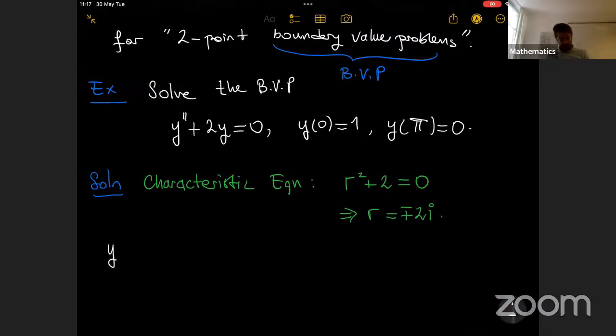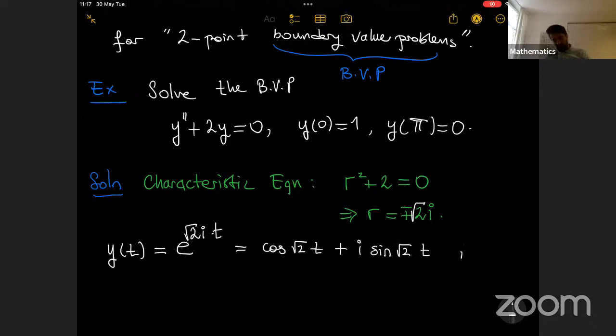Let's use root 2 i. Sorry, this is root 2, not 2. y(t) is e to the root 2 i times t, which is cosine root 2 t plus i times sine root 2 t, a complex solution, without the initial values.